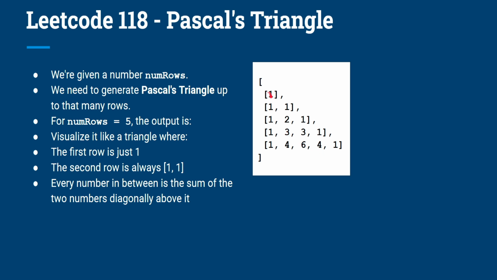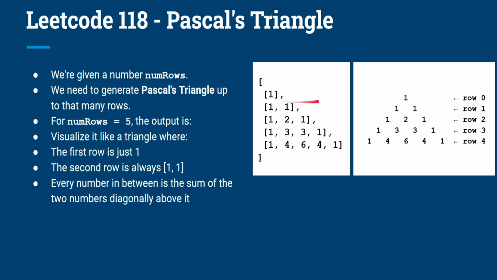If we represent the very first row, we are getting 1. Then for the next row, it is just 1 and 1. But from the row after that onwards, if you observe, this 1 plus 1 gives 2, right?